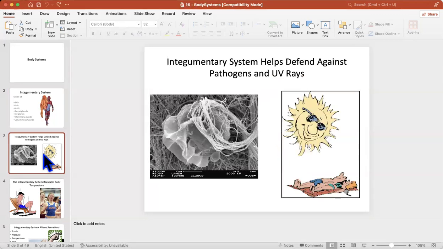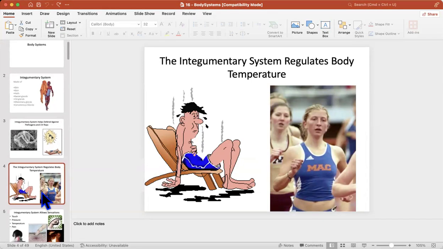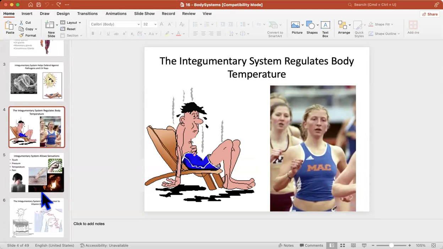The integumentary system has a lot of functions. The first one is to defend you from pathogens. You find people who have skin damage worry about infection, because bacteria and pathogens can directly go into your body. So the first function is defense. Also, your skin regulates your body temperature, because you have sweat glands in your integumentary system, actually inside your skin.